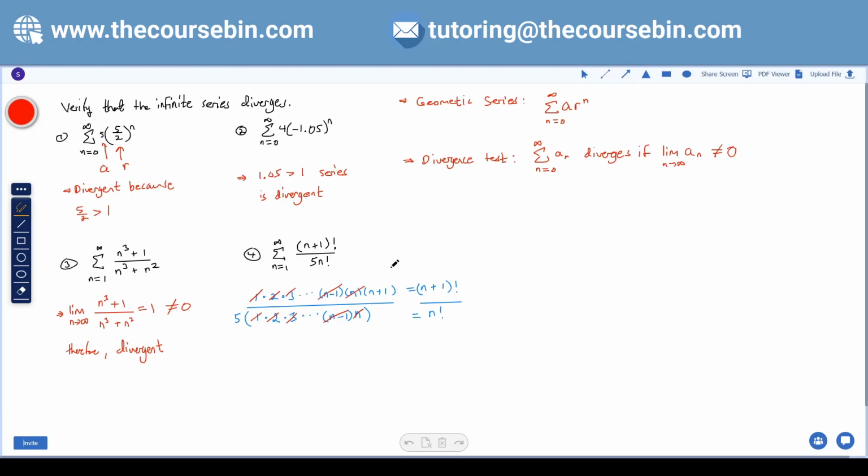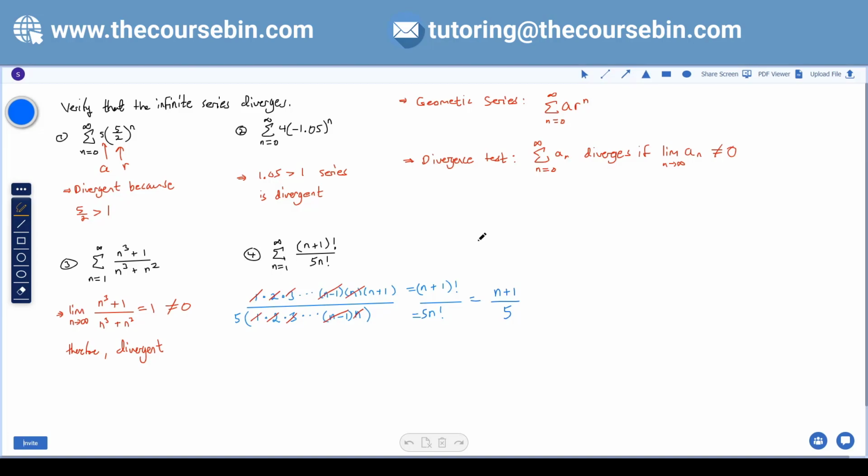Right, so that means, let me put the 5 out here. But anyway, that means that your n plus 1 factorial over 5n factorial can just be written as n plus 1 over 5.